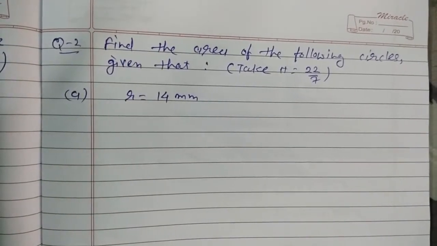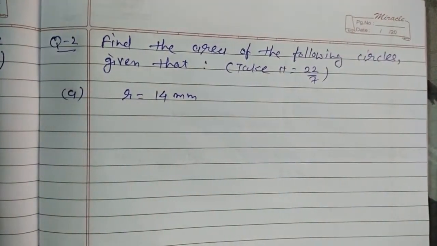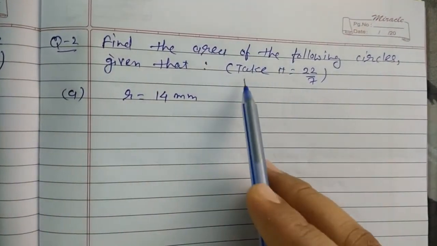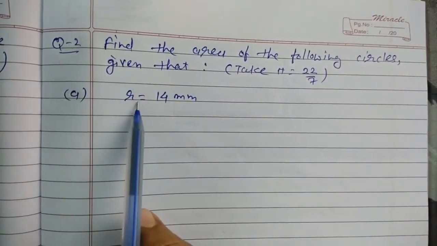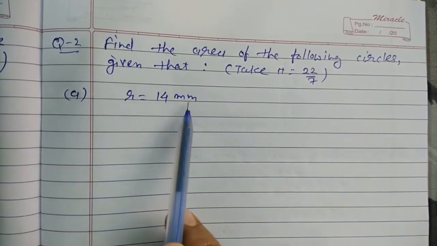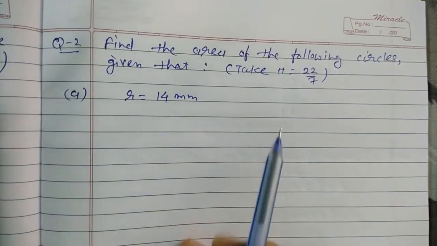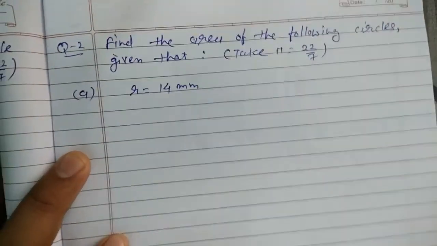Next, question number 2. Find the area of the following circles, given that we have to take pi is equal to 22 by 7. What is given? Radius is given. Sum A, radius is equal to 14 millimeter, and we have to find the area of this circle having radius 14 millimeter.